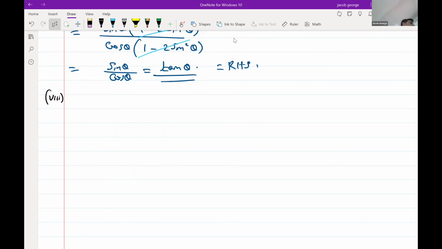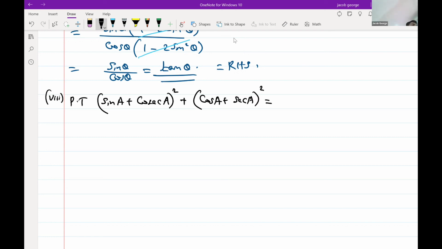Prove that (sin A plus cosec A) the whole square plus (cos A plus sec A) the whole square is equal to 7 plus tan square A plus cot square A. Please write this question.